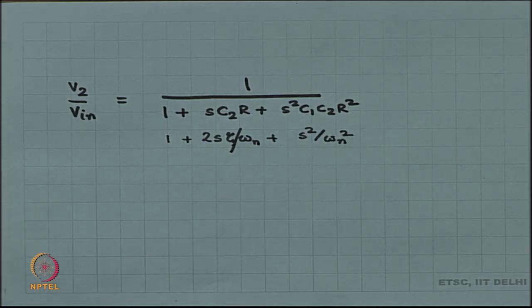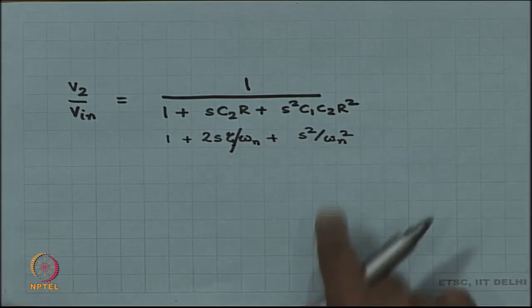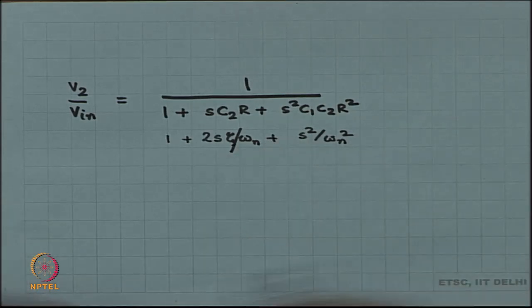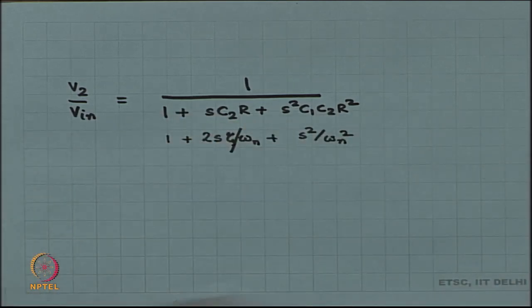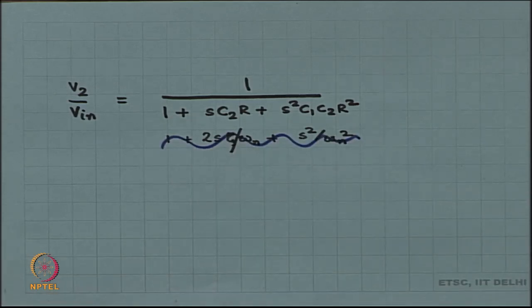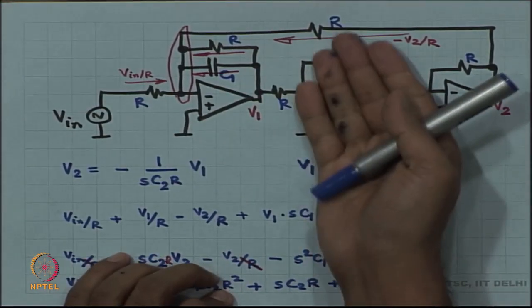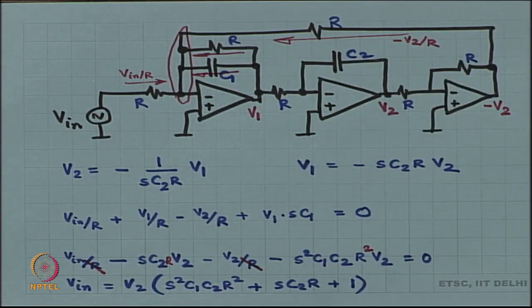Okay. It does not really matter. So, you have got two control objectives, one is zeta, the other is omega n, and you can fix them with the help of the two time constants C 2 R and C 1 R. All right. And in any case, as I said before, I have chosen all the values to be equal to R. It need not be the case, you can mix and match, right. Okay. So, this gives you an arbitrary low pass transfer function.